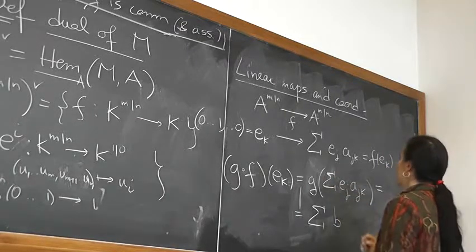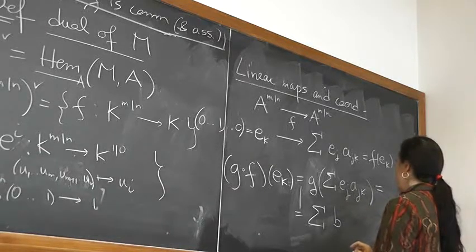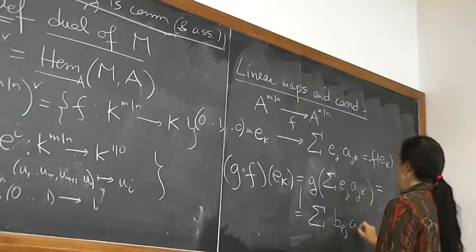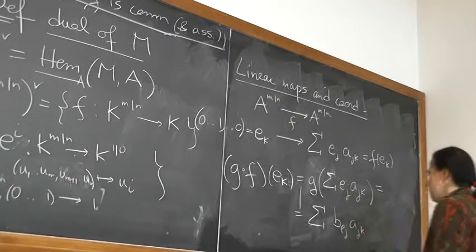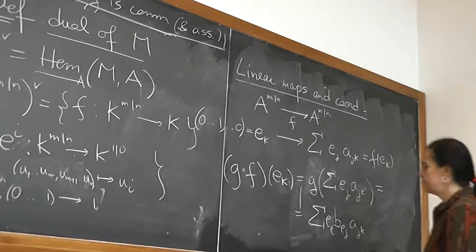So what do we say? The index is saying here, so it will be b_lj a_jk, and then I forgot e_l.